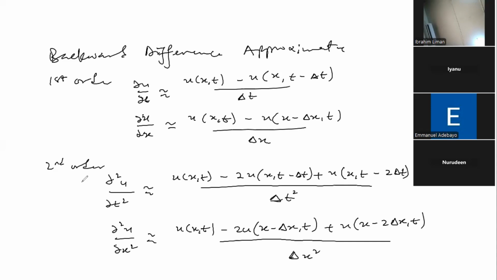Okay. Now, just before we move on, let us look up the third order. For the backward difference approximation, the third derivative in t, d³u/dt³, is approximately [u(x,t) minus 3u(x, t minus Δt) plus 3u(x, t minus 2Δt) minus u(x, t minus 3Δt)] over Δt cubed.